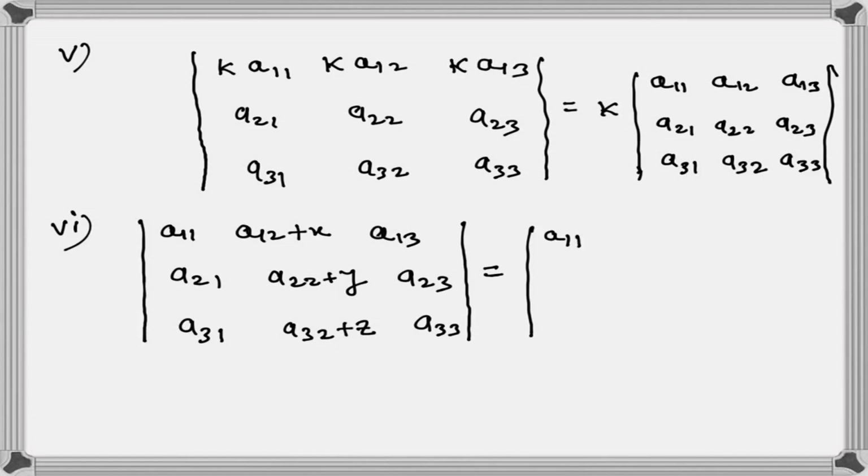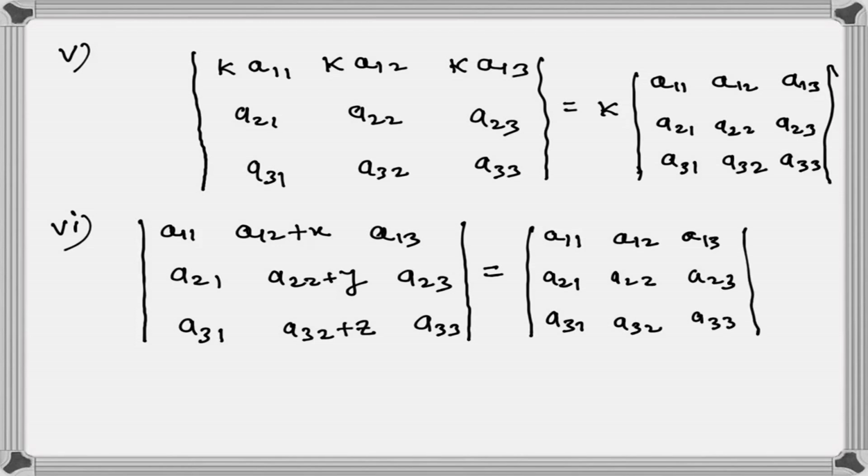The first one is a11, a21, a31 in the first column, a12, a22, a32, and a13, a23, a33.